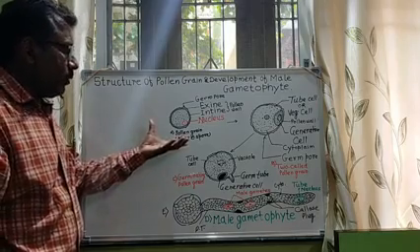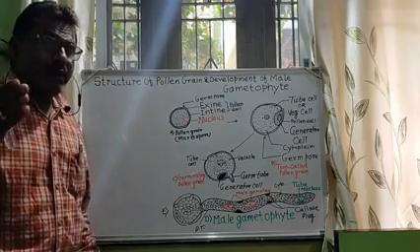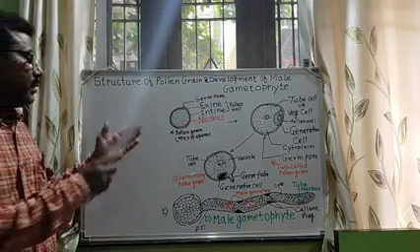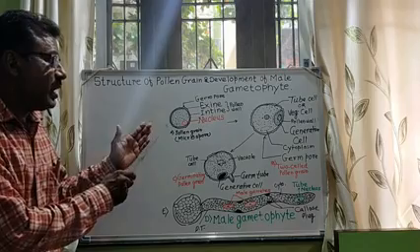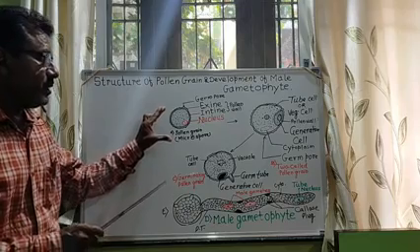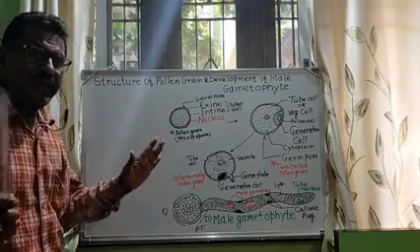This is the diagram of a pollen grain. So how is the male gametophyte formed from a single microspore or pollen grain? Here are the divisions.